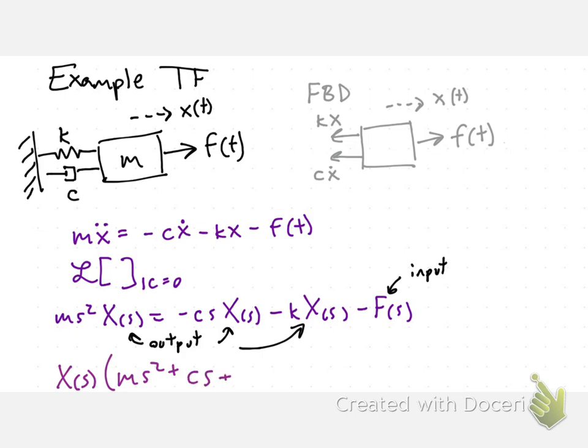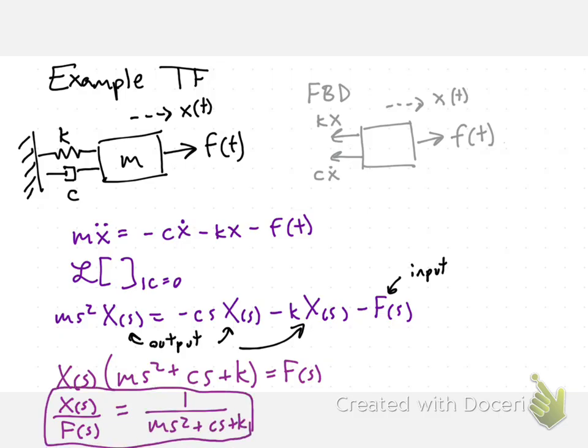So we'll put all of our X of s terms on one side, and our F of s terms on the other side, and since the transfer function is the output over the input, we're mathematically going to have X of s over F of s, and manipulating this equation, we get that that is equal to 1 over ms squared plus cs plus k. So that is our first transfer function.